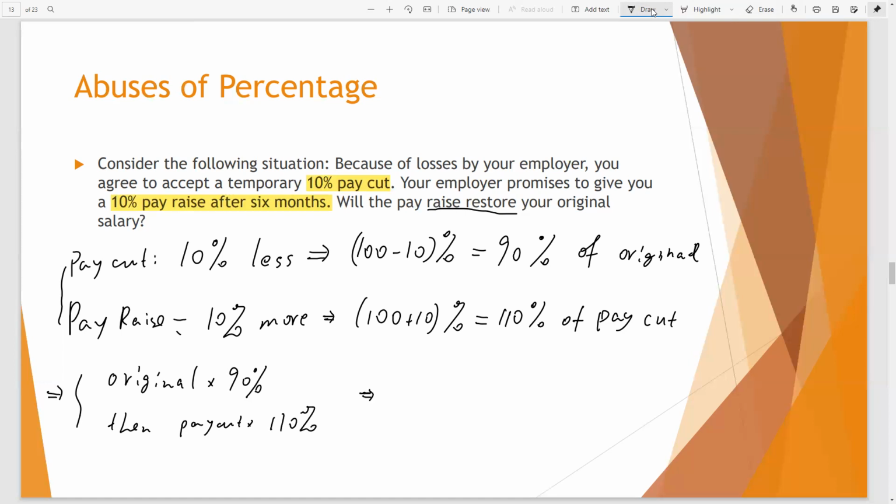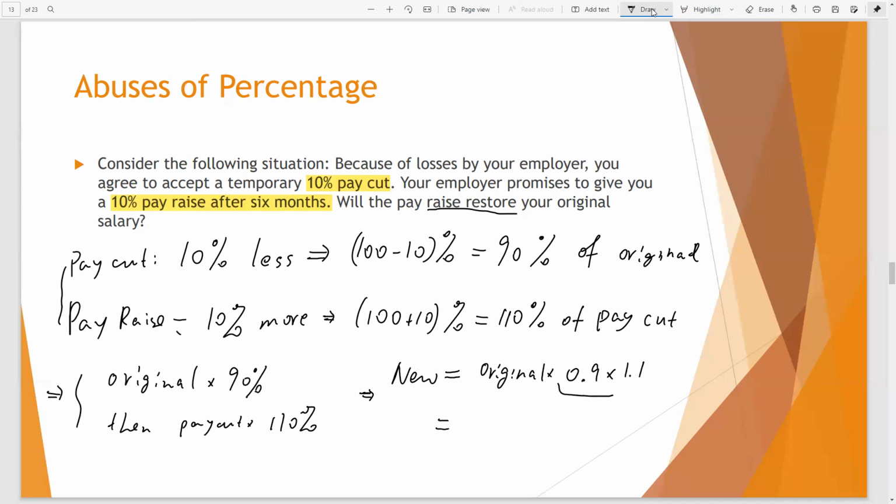While the pay cut is original times 90%, the final new salary was promised to be 100% of your original salary, 110%.